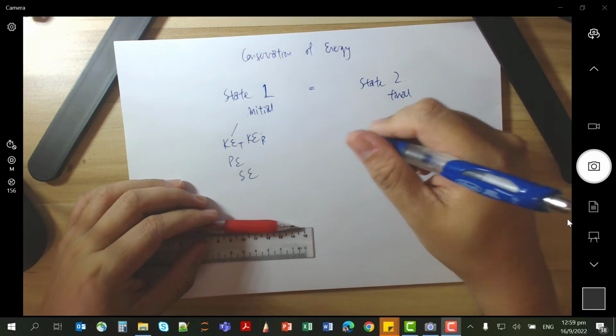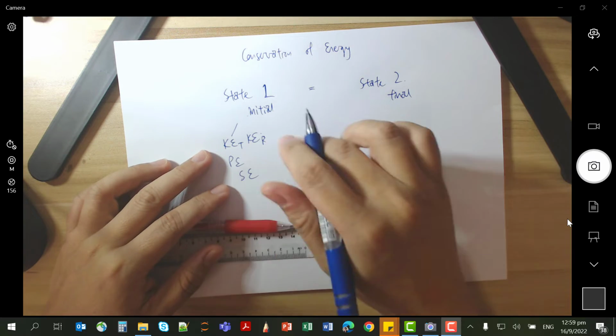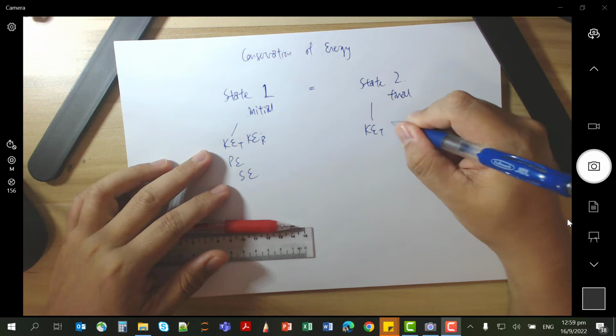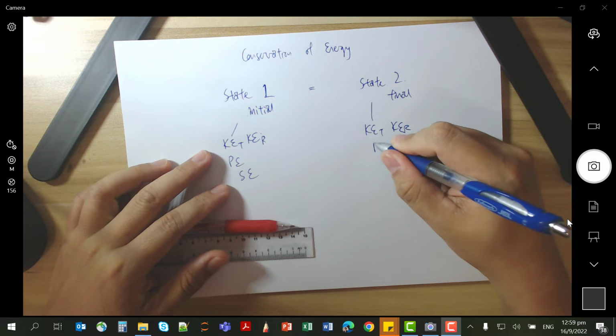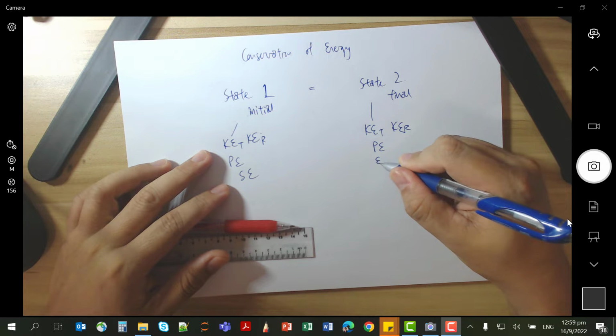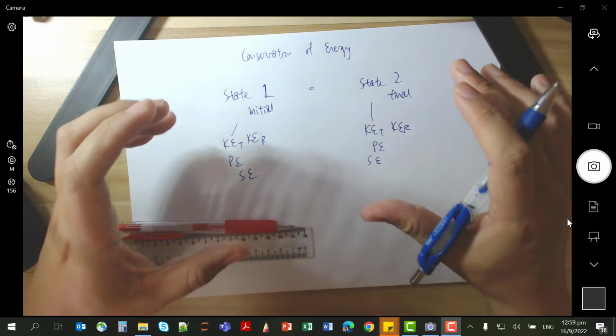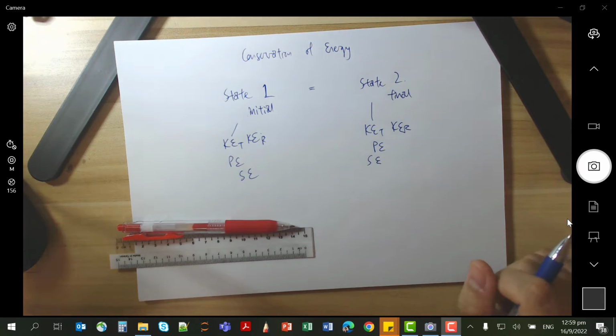These are all state 1 at the start, and then you have the translational, rotational, potential, and spring energy at the final state. Comparing between these two, they should be the same.